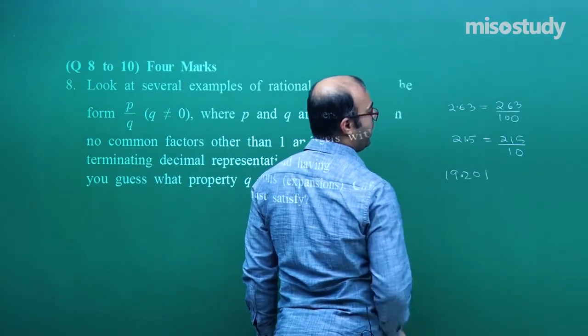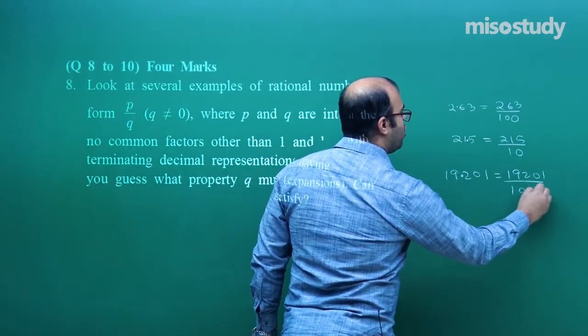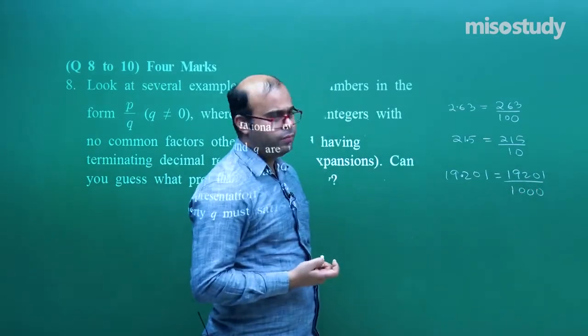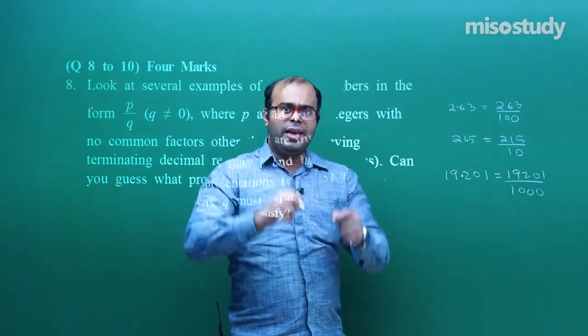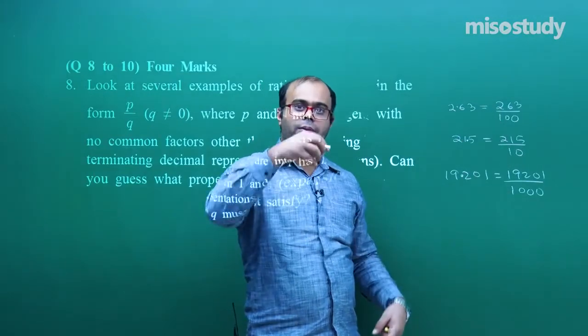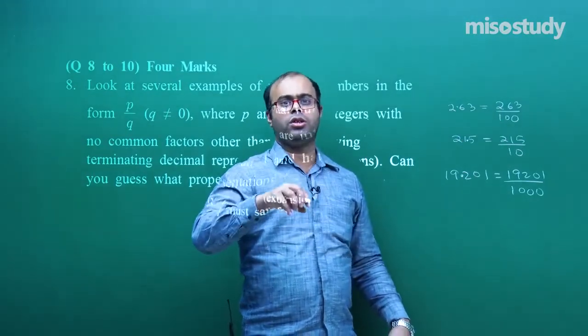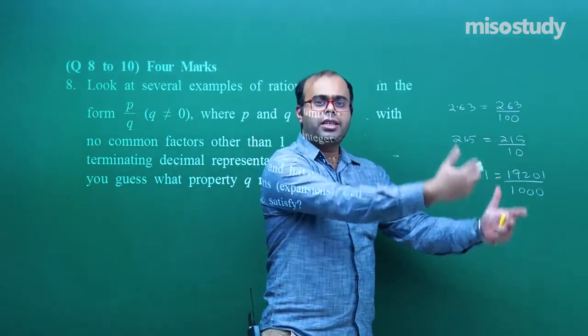Let us take a decimal here. This can be written as 193201 upon 10000. So what do you observe here? That any number whose decimal expansion terminates can be written in rational form like this. Either we put 100 or 10 or 1000 or 10,000, depending on how many places after the decimal it is taking.